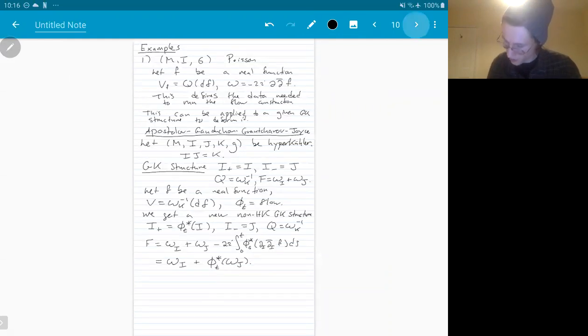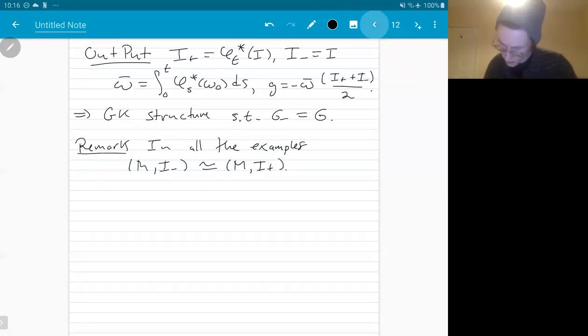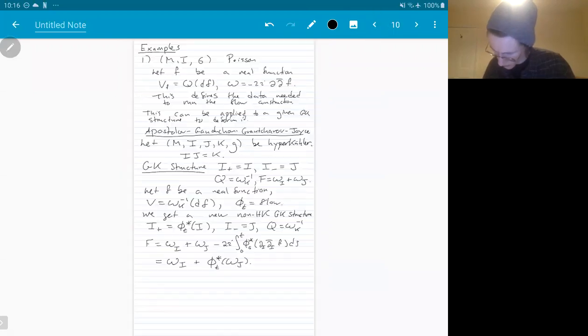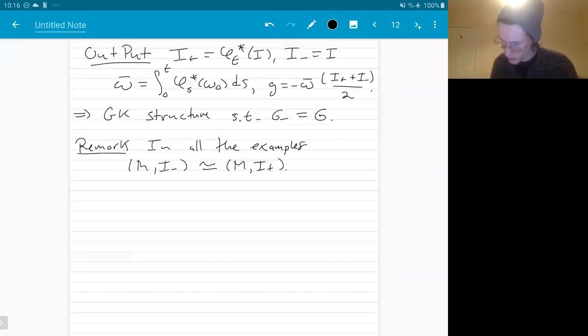So that means that the complex structure that we get at the end, M_i minus, is isomorphic to M_i plus. And this isn't true when we deformed the hyperkähler, it started off where the two complex structures were not isomorphic. But when we deform away from this Poisson structure, the two complex structures will be isomorphic.